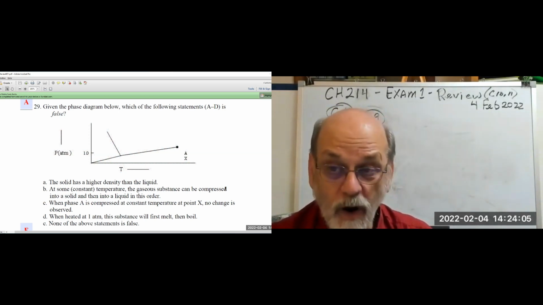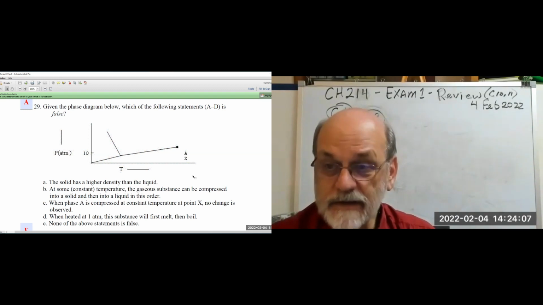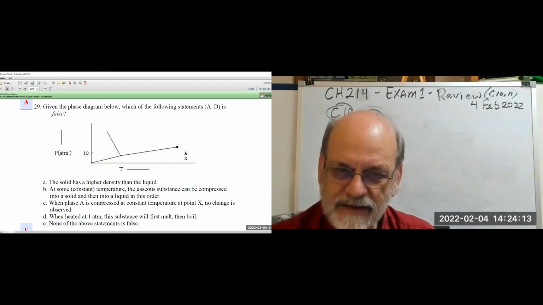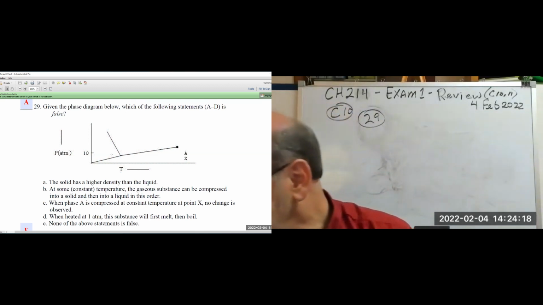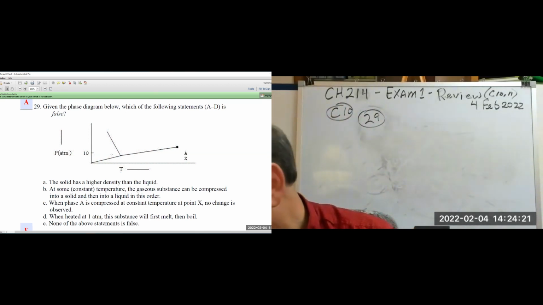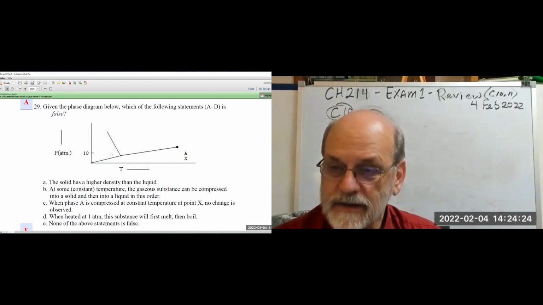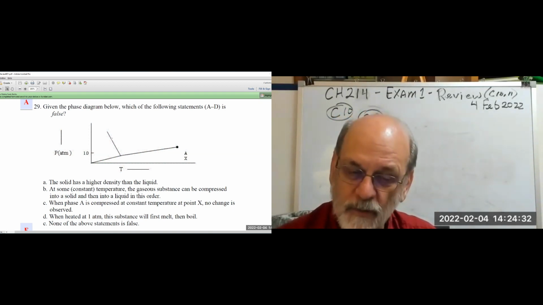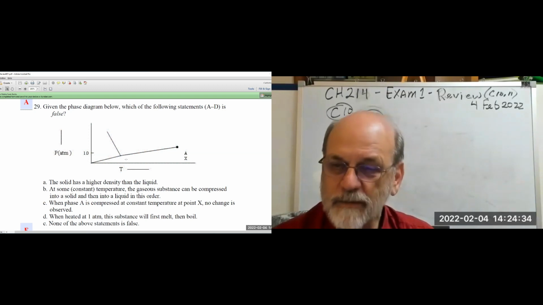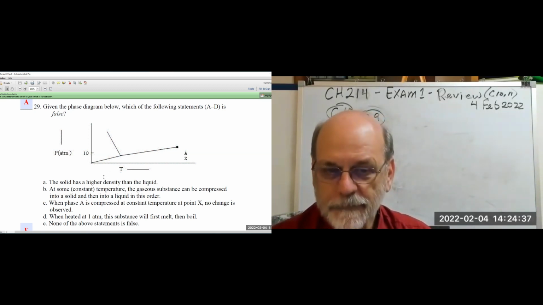This may or may not be water, but even if it is not water, it exhibits a similar behavior to water. So what does that say? Well, we know that solid water, or ice, is less dense than the liquid, right? And since this one has a negative slope between the solid and liquid, then we may infer that this substance has a lower density solid than the liquid. So A would be false.